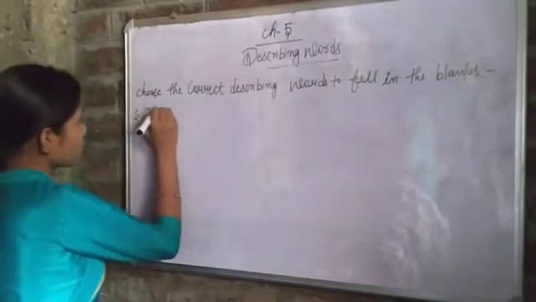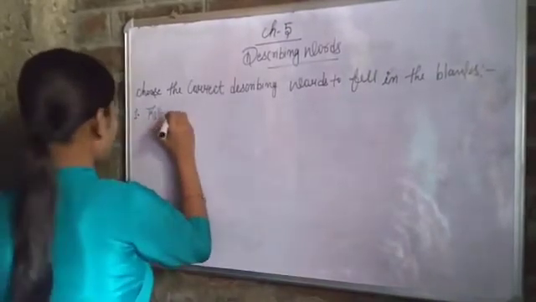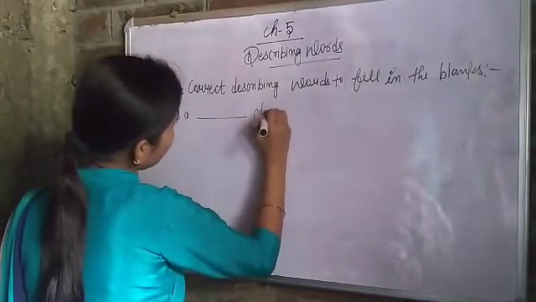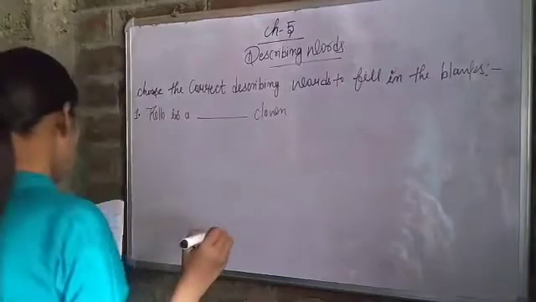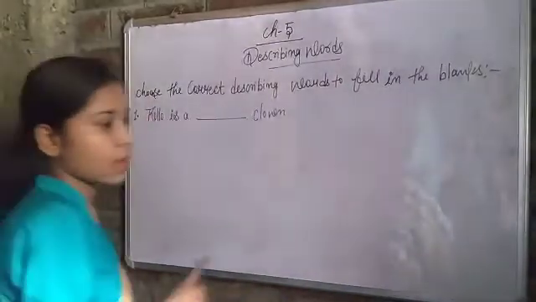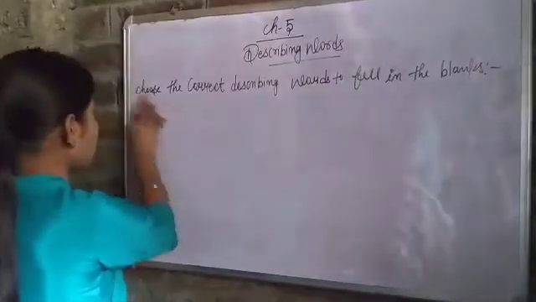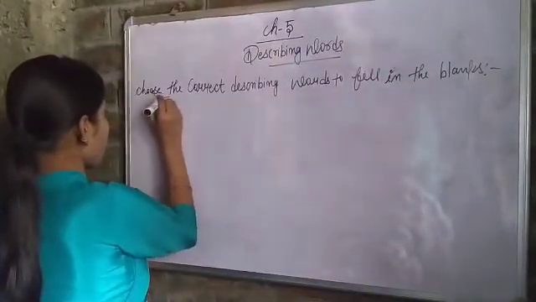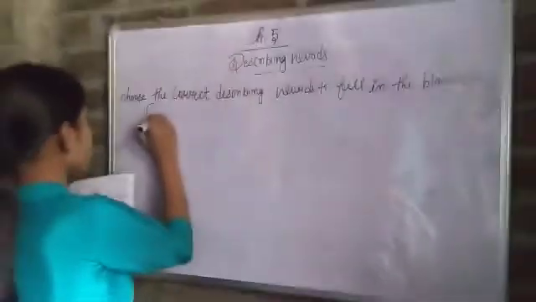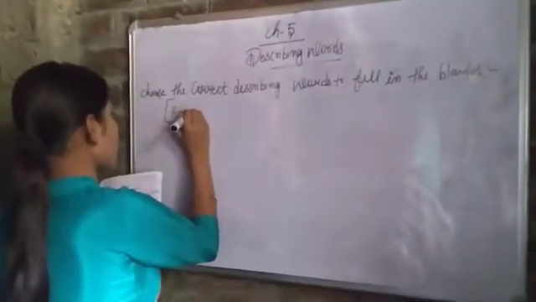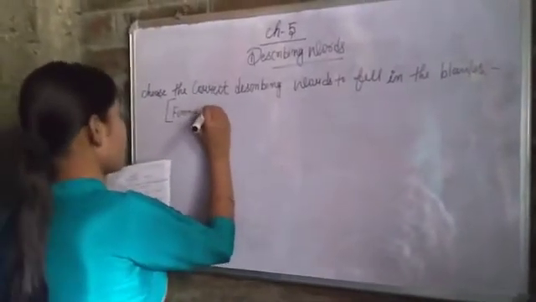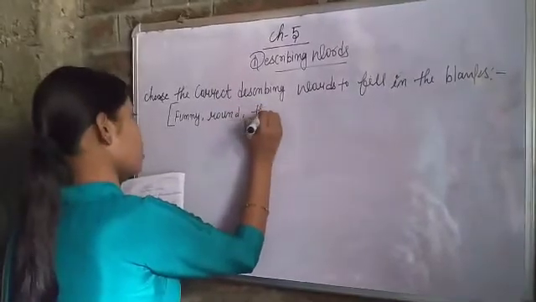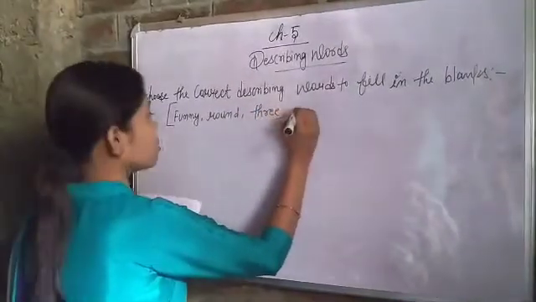Rollo is a dash clown. In the options, I have to write the options first. The first option is funny, round, 3, small.